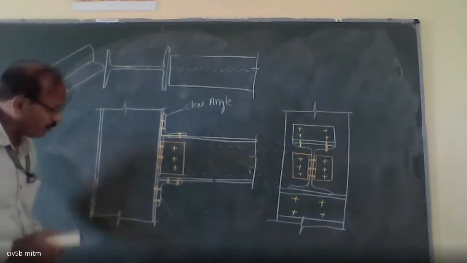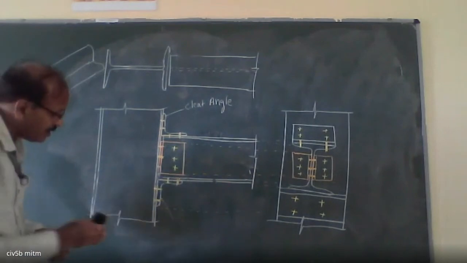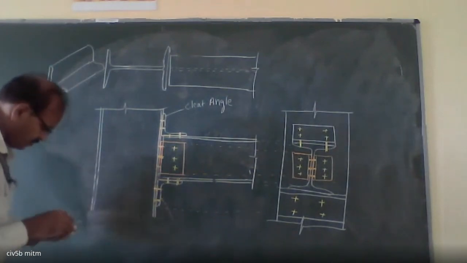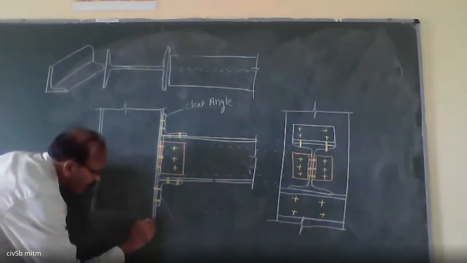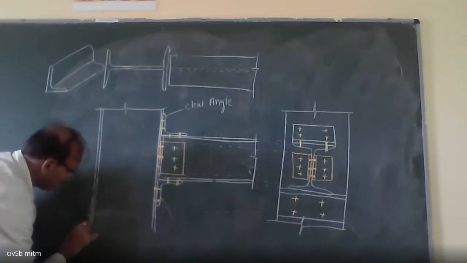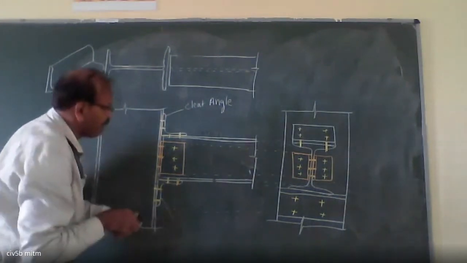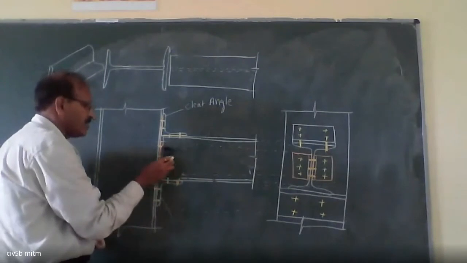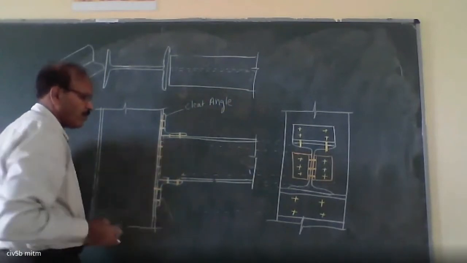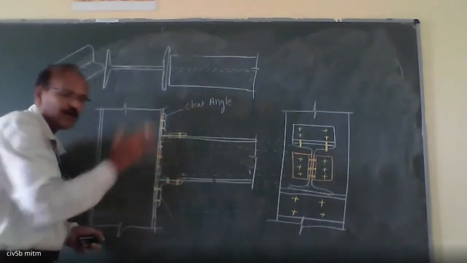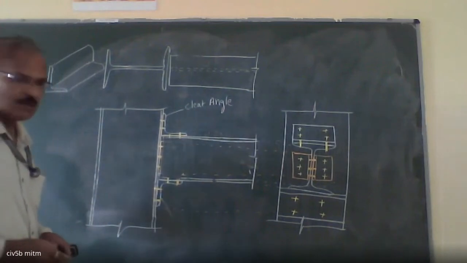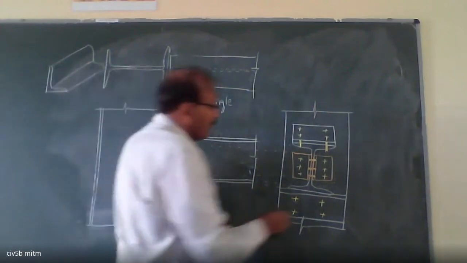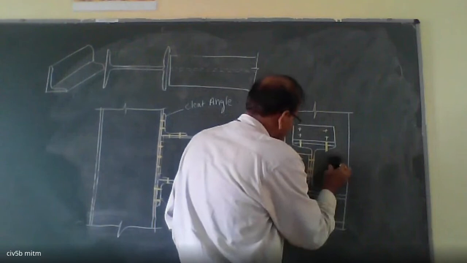So for that, what we do is we are going to provide some stiffness. So how do you provide some stiffness? Say for example, we have not provided this angle. Okay, this beam is sitting only on this angle.